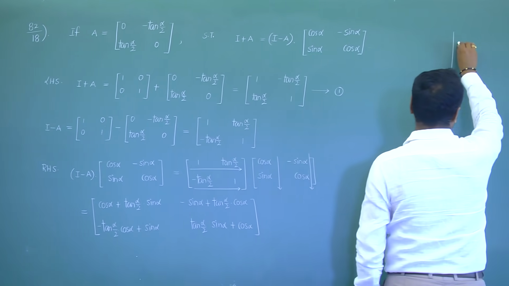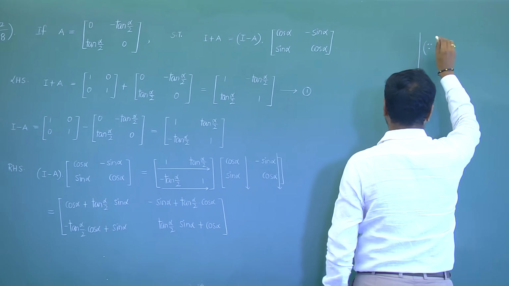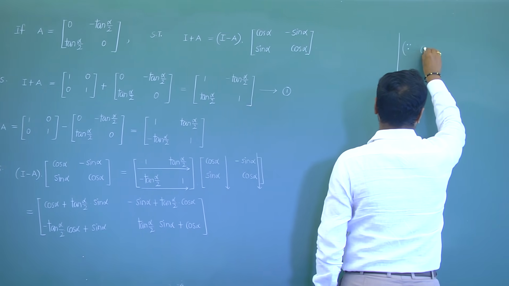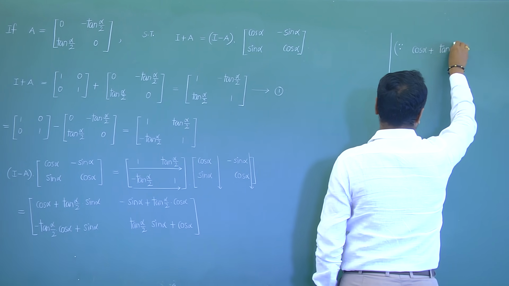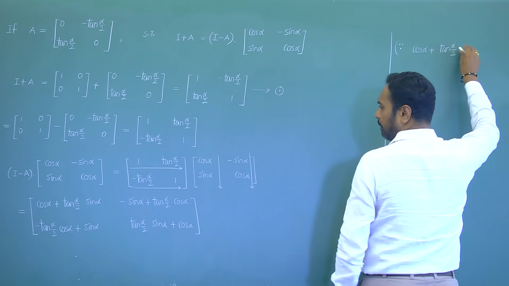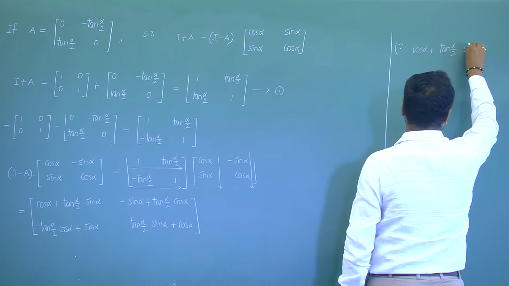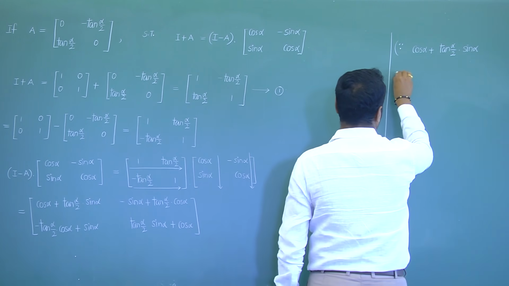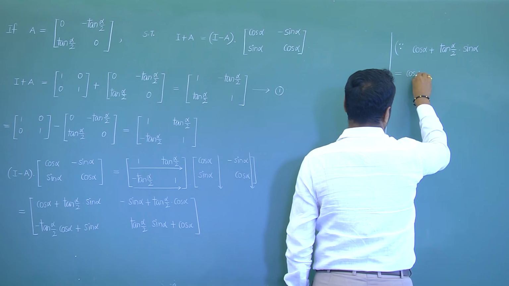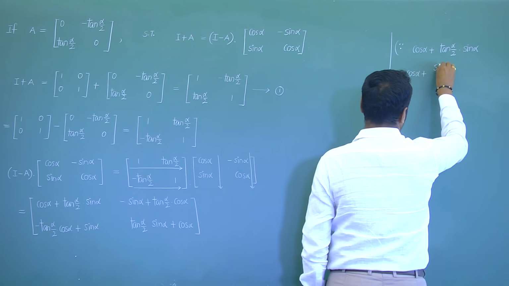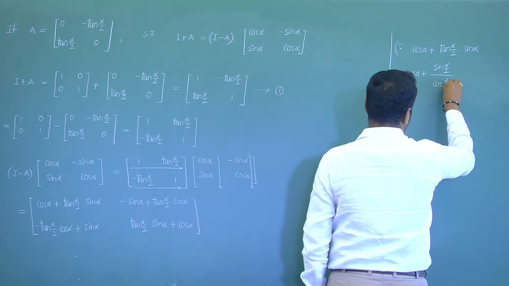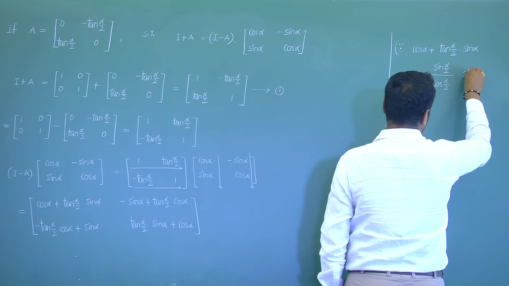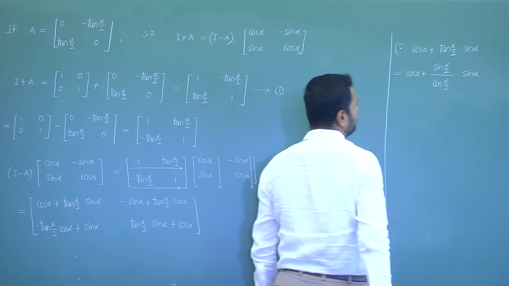Since cos alpha plus tan alpha by 2 into sin alpha equals cos alpha plus sin alpha by 2 by cos alpha by 2 into sin alpha.